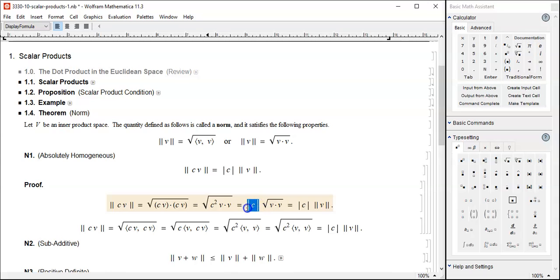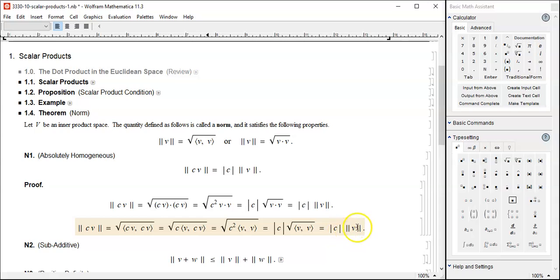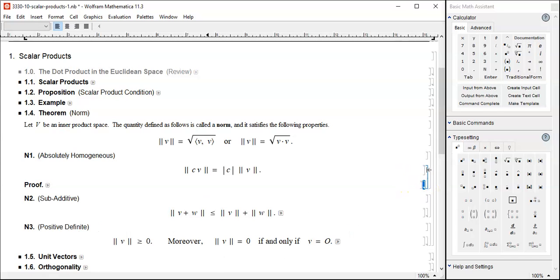Now that I did it over here, let's not skip a step. Here's the full proof. Which do you like better, this one or that one? To me, about the same, but most of the students I had preferred the dot product notation. I'll stick to that.